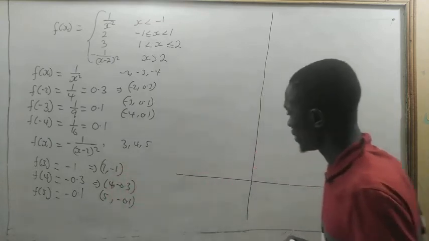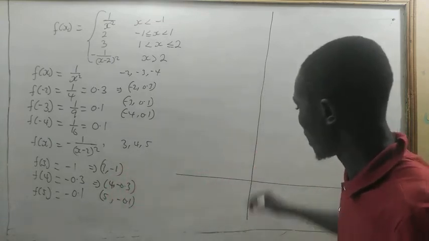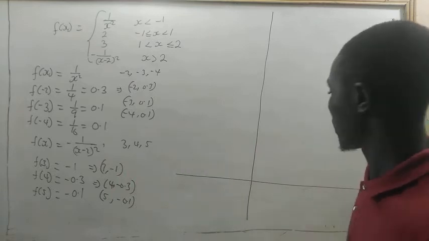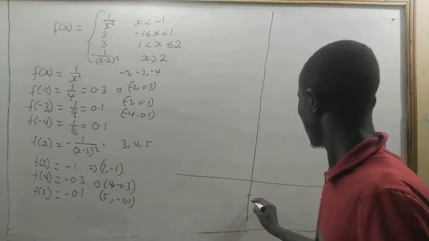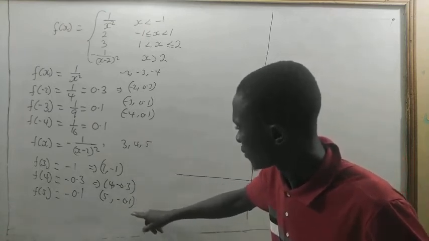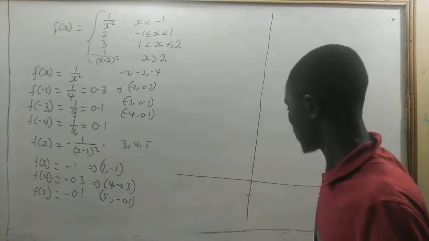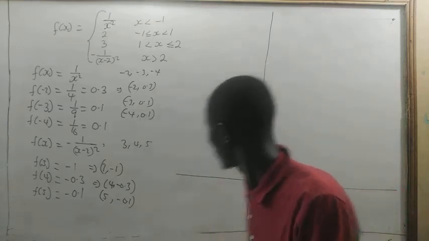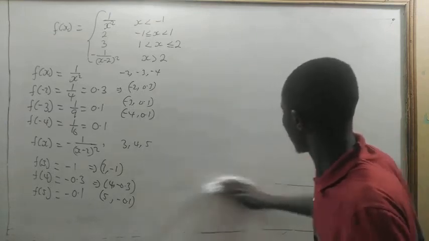I want the graph to be this, because you don't have negative values for f of x on the left side. So we have to redraw the graph well.